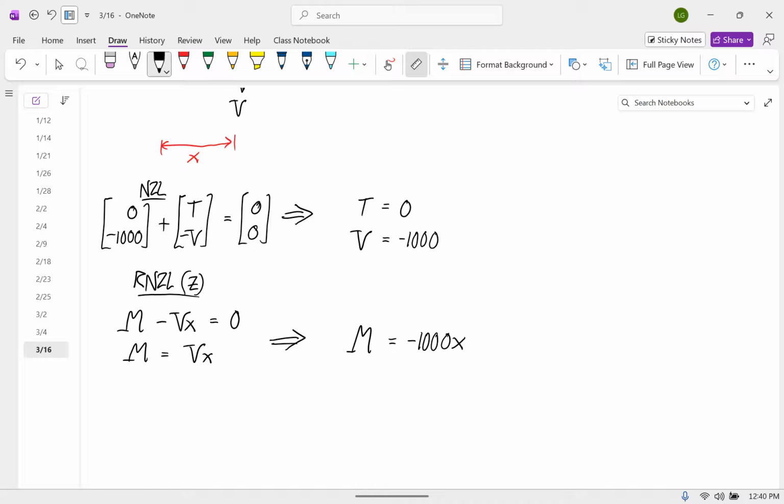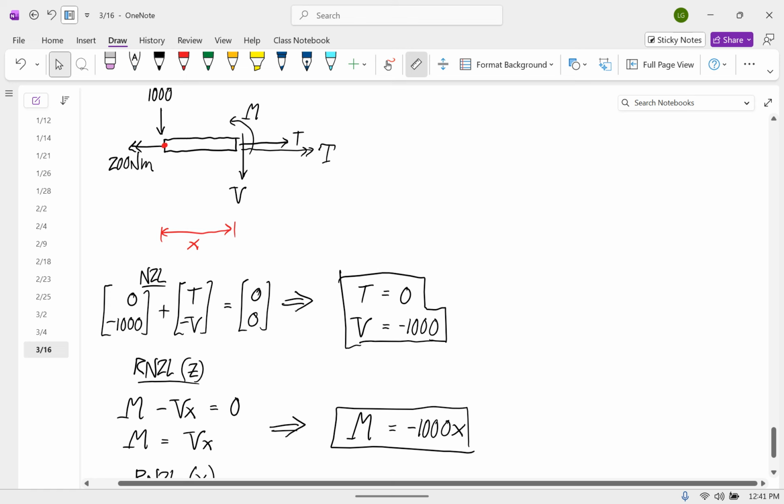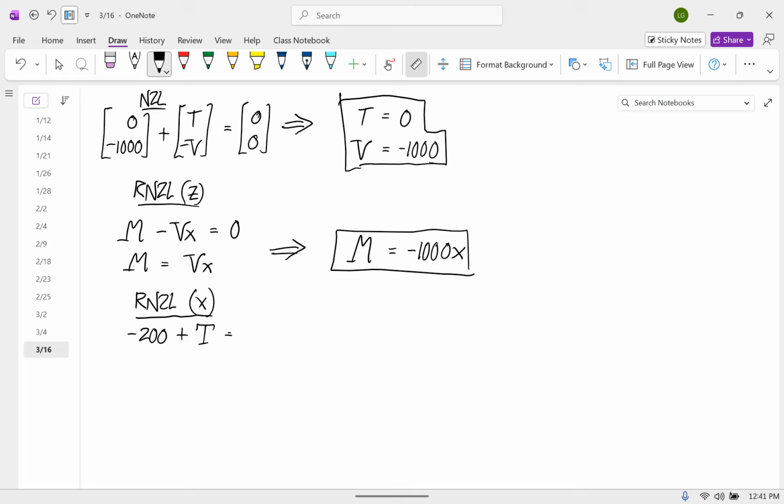And then we'll do the moment equation about the x-axis. So we figured out that M is equal to Vx, but we already figured out what V was. It's negative 1000. So I just made that substitution. And now along the x-axis, we have the 200 in the negative direction, plus the internal torque in the positive direction.